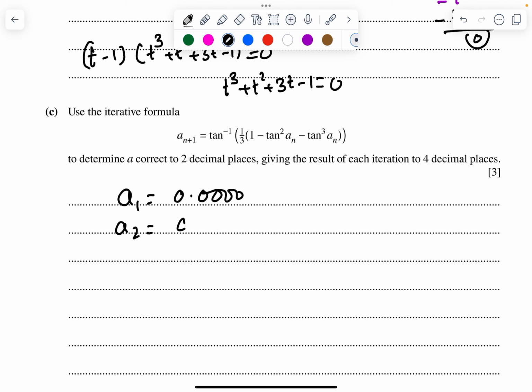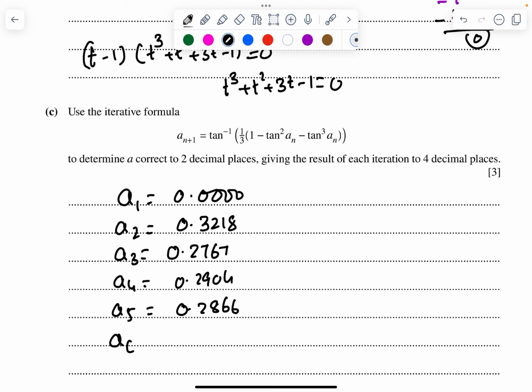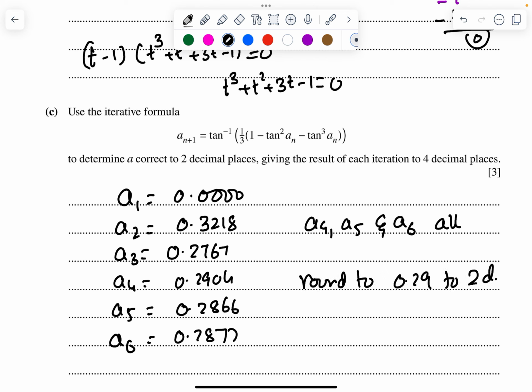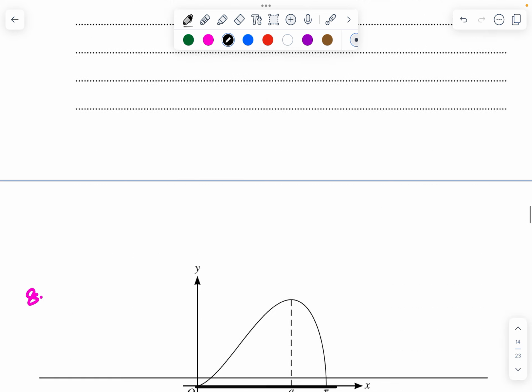So a2 becomes 0.3218, a3 becomes 0.2767, a4 becomes 0.2904, a5 becomes 0.2866, a6 becomes 0.2877. So a4, a5 and a6 all round to 0.29 to 2 dp. So a equals 0.29.